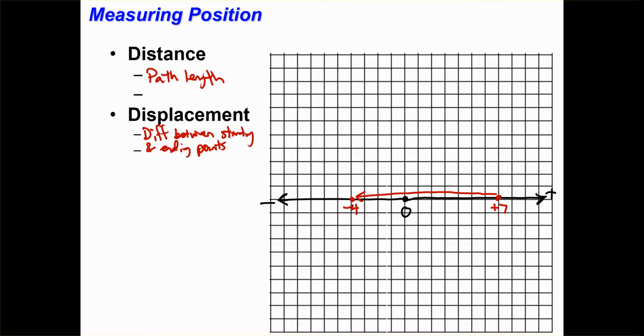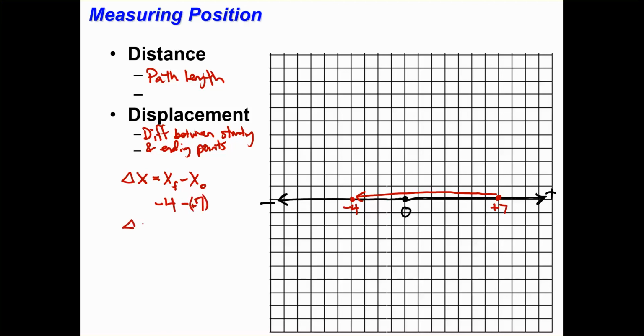So if we want to calculate the displacement, in this case, what we say is the difference between the starting and ending points, or the change in position, is equal to the final position minus the initial position. So in this case, the final position is negative 4. The initial position is positive 7.